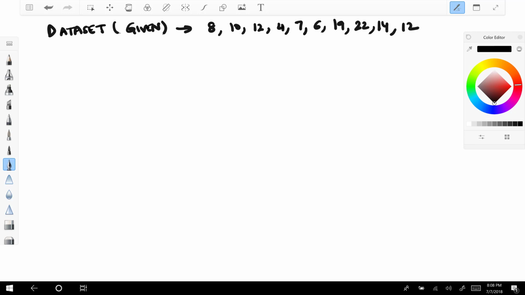So the first step is to arrange this data set in an ascending order.